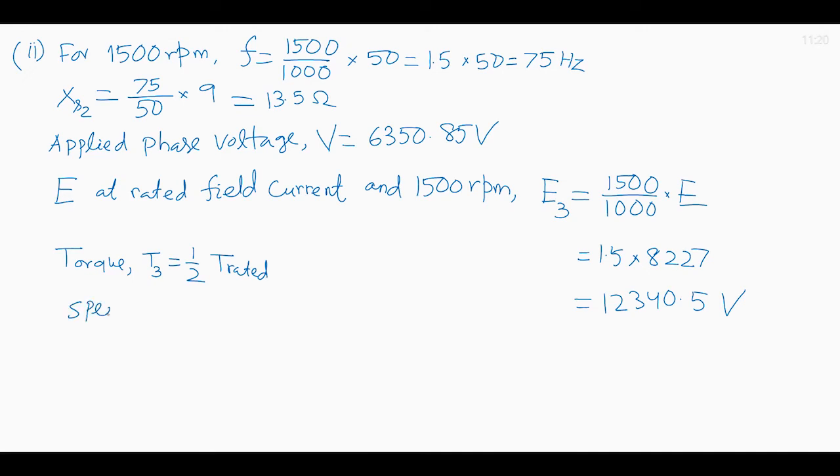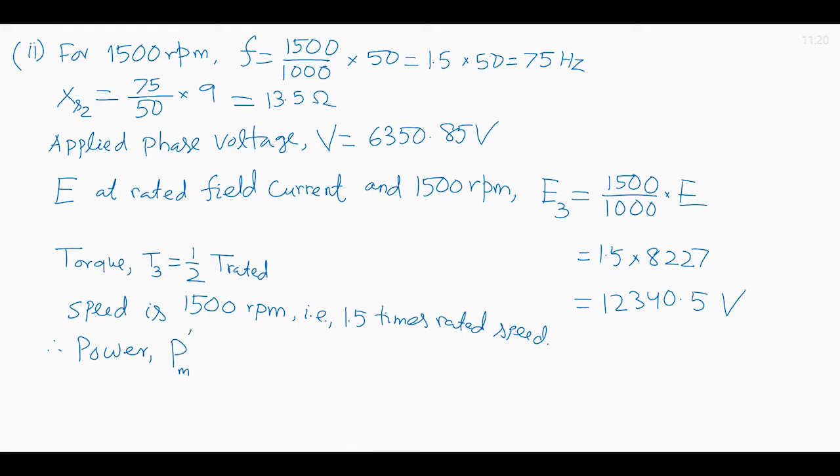Speed is 1500 RPM, that is 1.5 times rated speed. So power Pm dash is always the product of torque and speed.